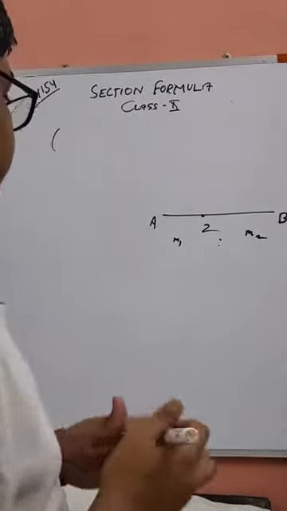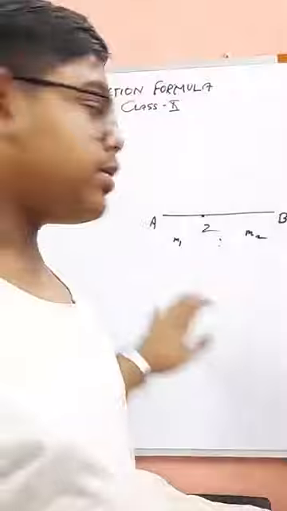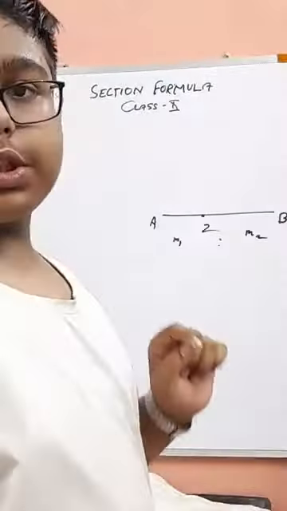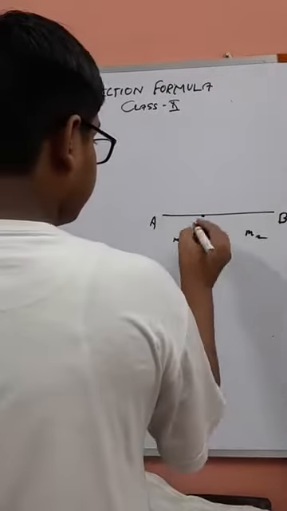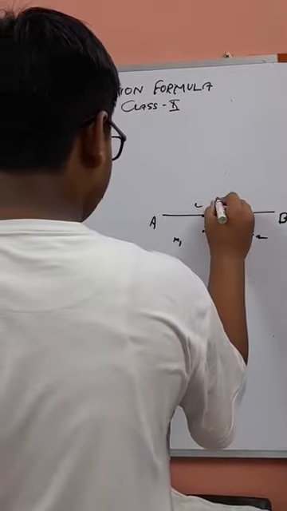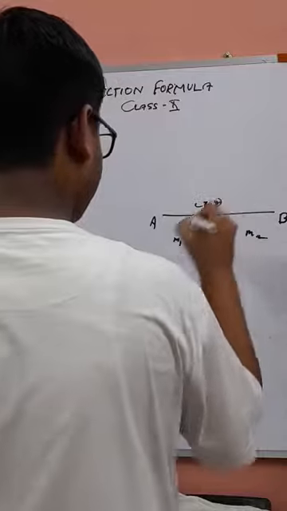Now you may keep anything such as a, b, but m1 is to m2 is preferred because it has a reason I will tell you. Now the coordinates of this can be found, which shall be x comma y.